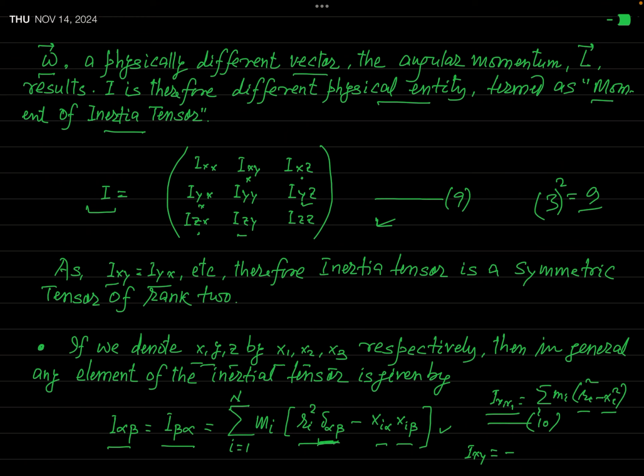The result will be minus the summation over i of mi times xi alpha times xi beta. Alpha is x, beta is y, but x is x1 and y is x2. So this will be x1 times x2.